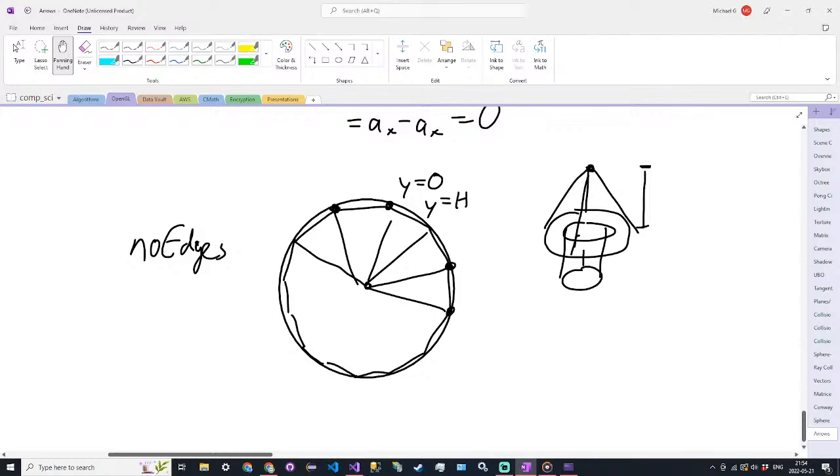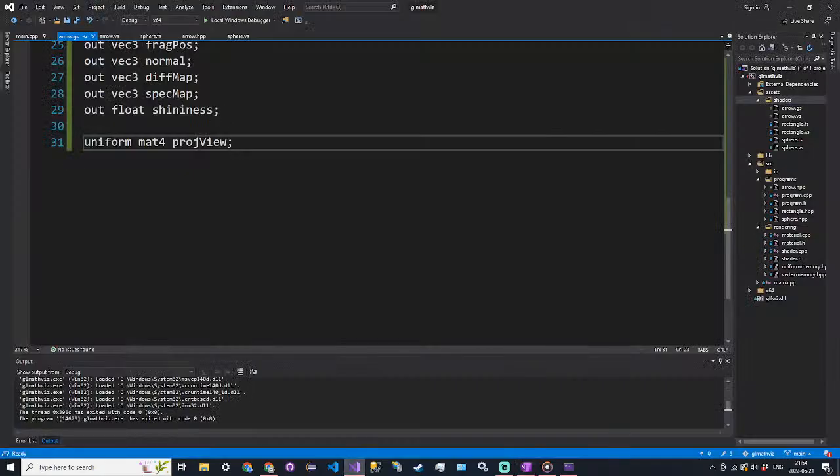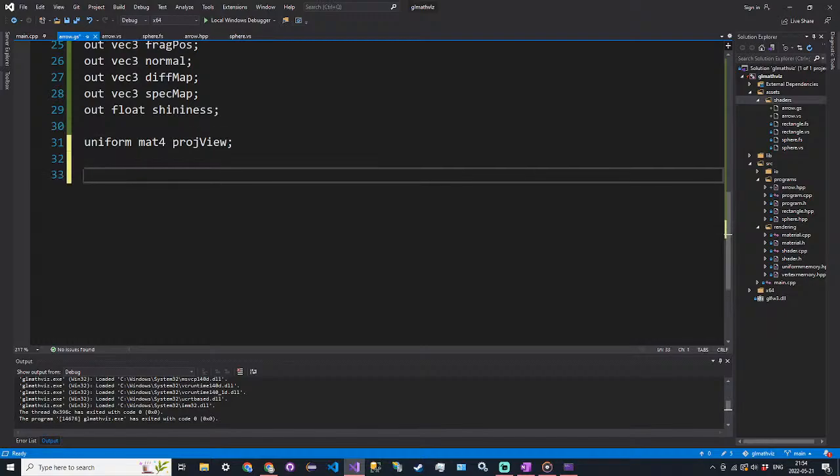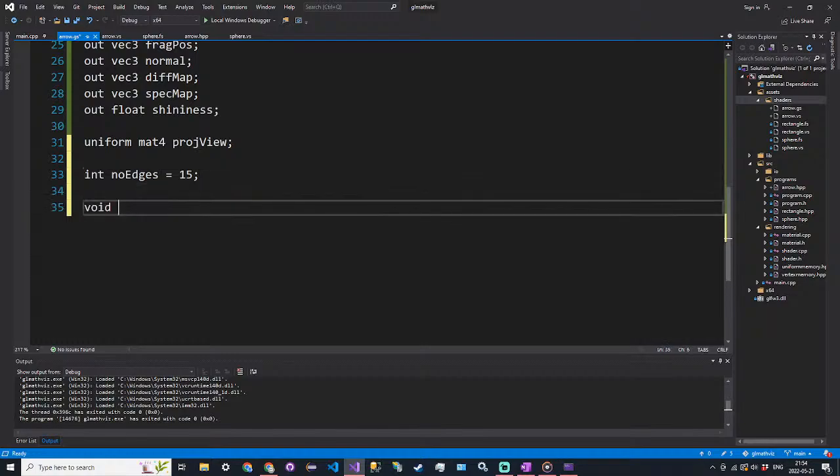Okay. So we're going to have a constant here. Integer number of edges is equal to 15, so we can customize that. And then we're going to have a function send vertex, which is going to take in a vec3 position and a vec3 normal.